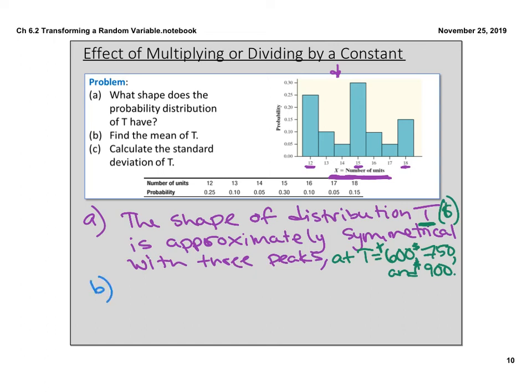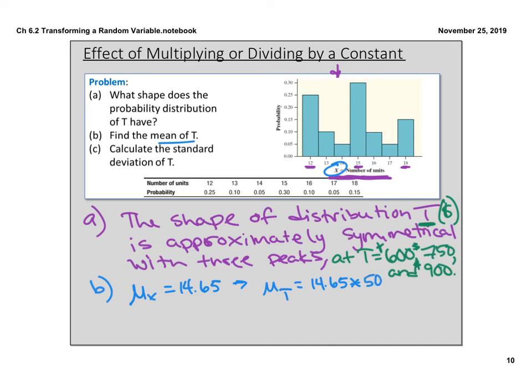In B, it says find the mean of T. In order to find the mean of T, I need to go back to the mean of X. So I'm going to look at that previous slide, and I was told that the mean of X is equal to 14.65. So the mean of T is going to be equal to 14.65 times 50.